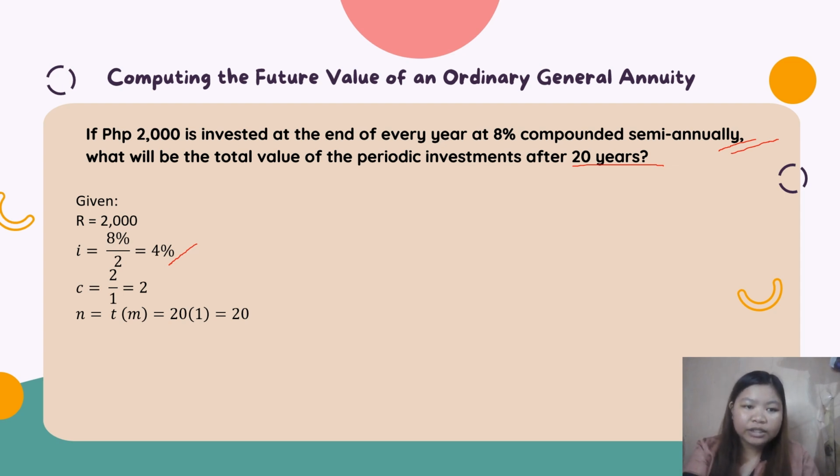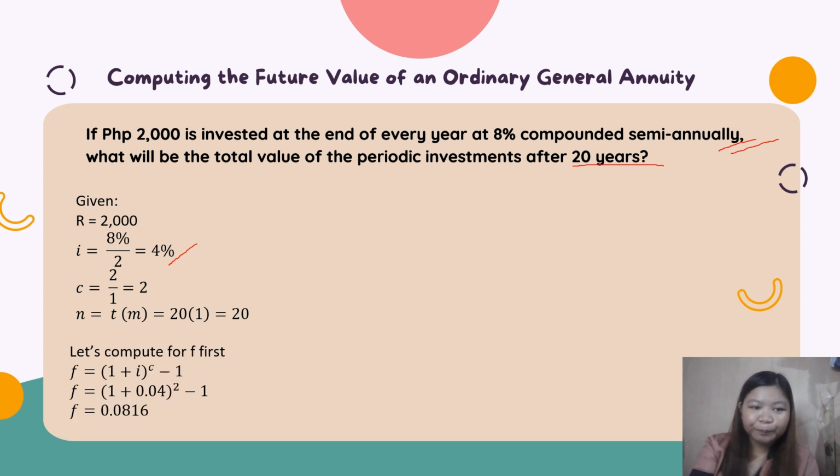Then our N is equal to 20 times 1 because it is 20 years, times 1 because it is the number of payments per year; he will pay every year. So we have 20 times 1 is equal to 20.